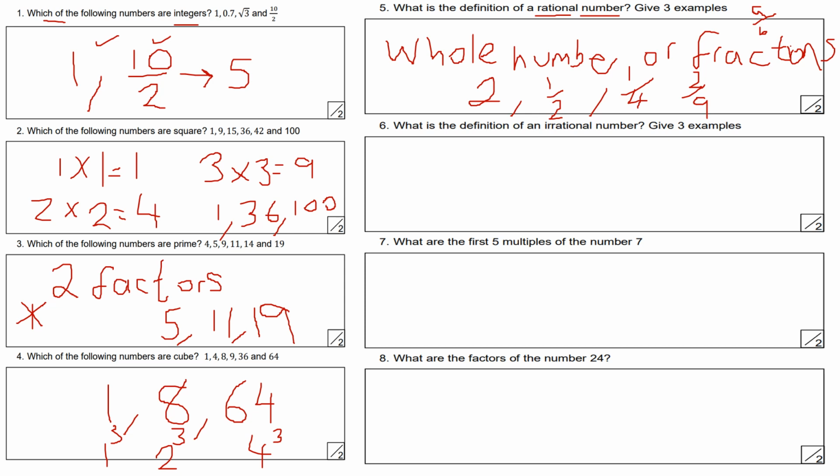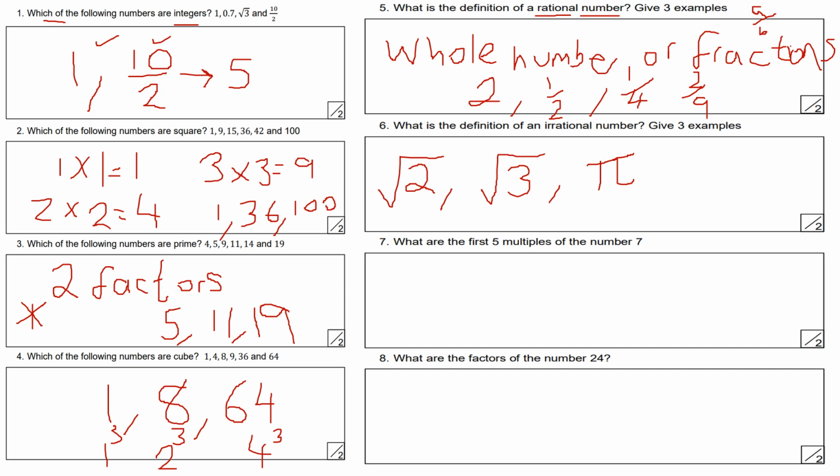Okay, the definition of an irrational number is the opposite, so it cannot be expressed as a fraction a over b. So give 3 examples. The square root of 2, that's what we call a surd. The square root of 3, pi.